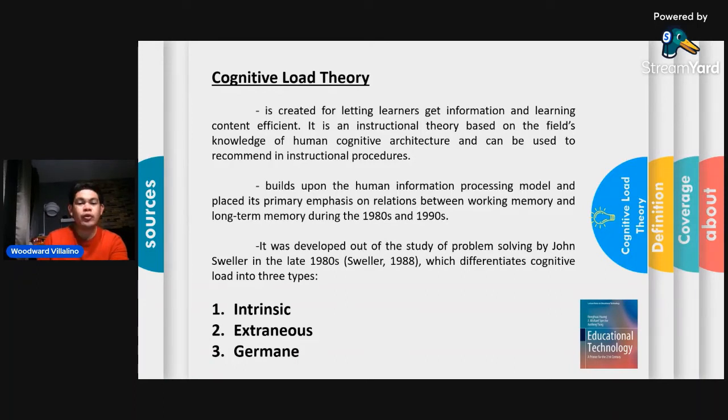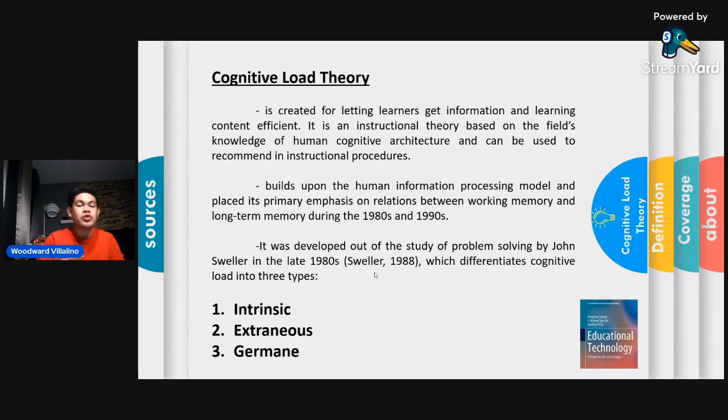So cognitive load theory is created for letting learners get information and learning content efficiently. It is an instructional theory based on the field's knowledge of human cognitive architecture and can be used to recommend instructional procedures.